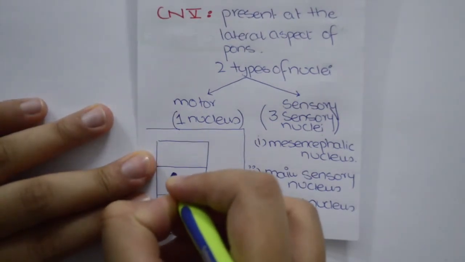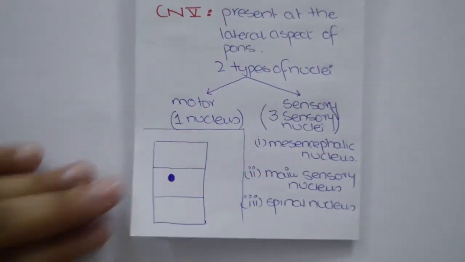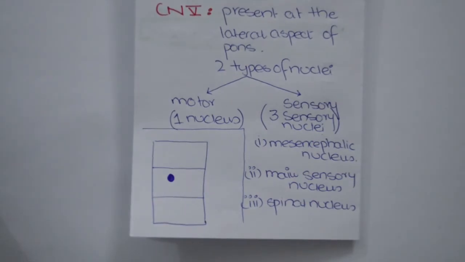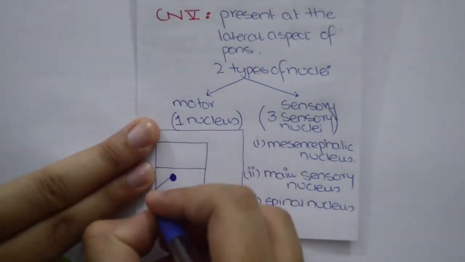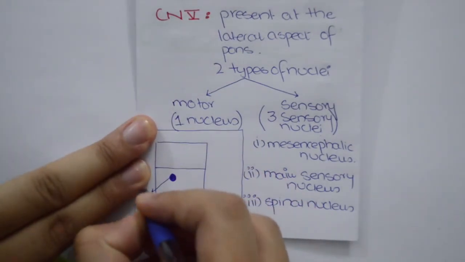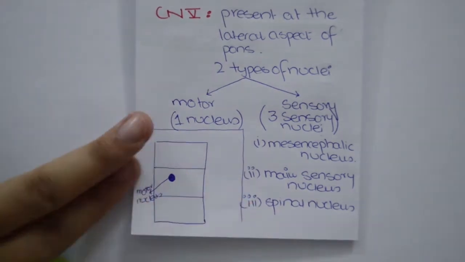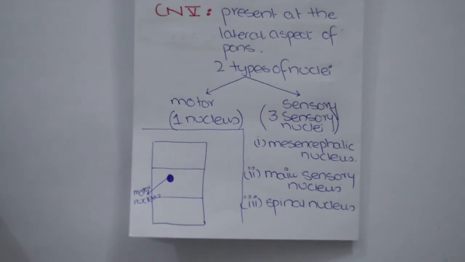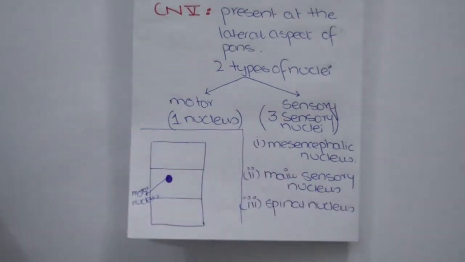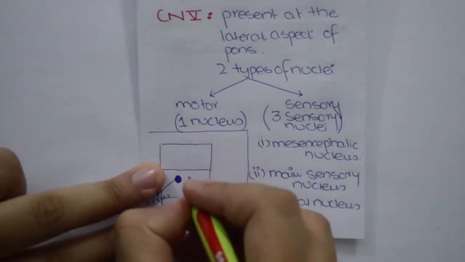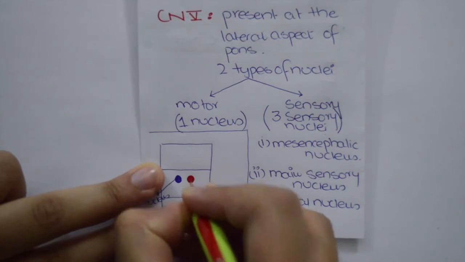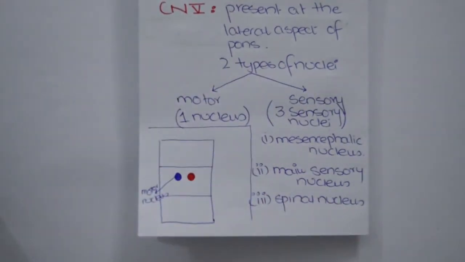This over here is the motor nucleus, and at its side we have the main sensory nucleus.